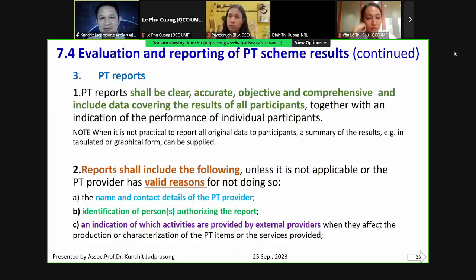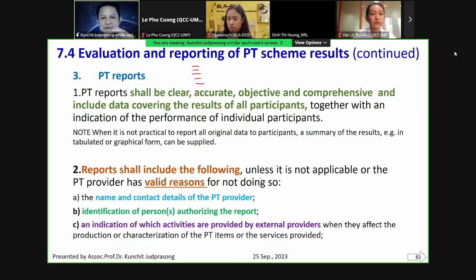So this is the PT report where the participant gets the result, like how many samples passed the criteria, and which lab did not pass the criteria. So you have to have a table or summary of clear results that indicate each laboratory.